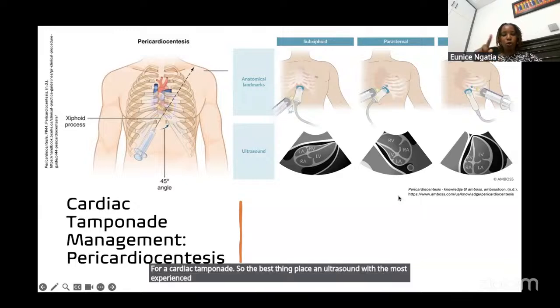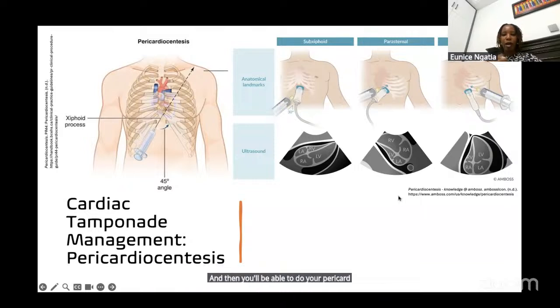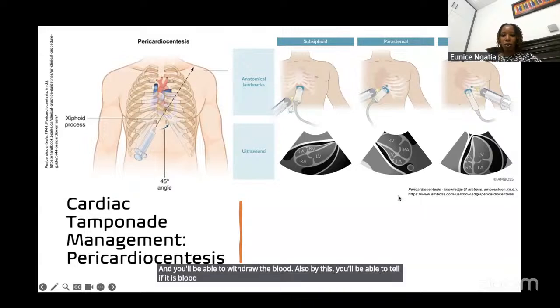You'll be able to see the fluid around the heart, advance your needle, and withdraw the blood. By this, you'll also be able to tell if it is blood, a clot, or even pus. But most of the time, if it is an acute accumulation, it is mostly blood.